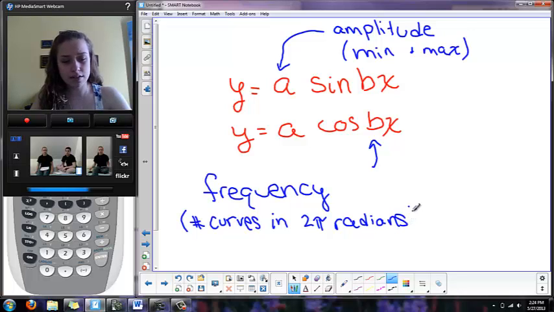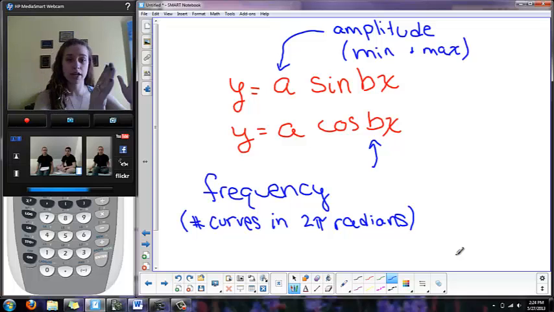Okay, so that b tells us how many curves you see in 2 pi radians. So between 0 and 2 pi, between 2 pi and 4 pi, 4 pi and 6 pi. Every 2 pi radians, it's the number of curves that you see.